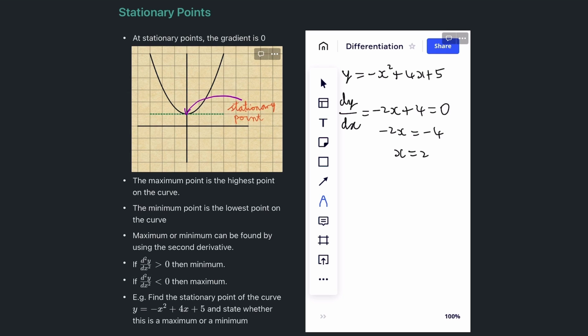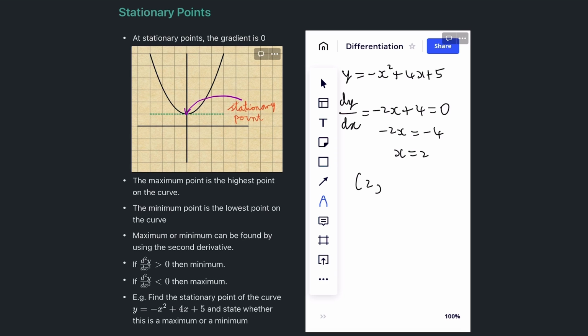And you can see that we have the x coordinate, but we don't have the y coordinate. The thing you should do for finding the y coordinate is taking that x value, x equals 2, and substituting it into the main function at the top, y equals minus x squared plus 4x plus 5, and that'll give you the y value for the coordinate.